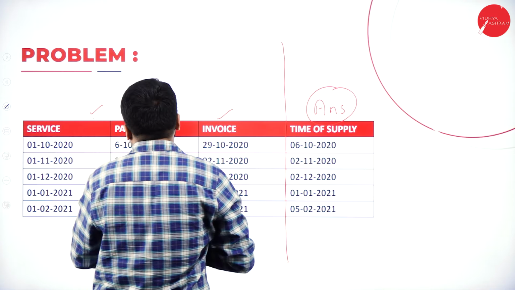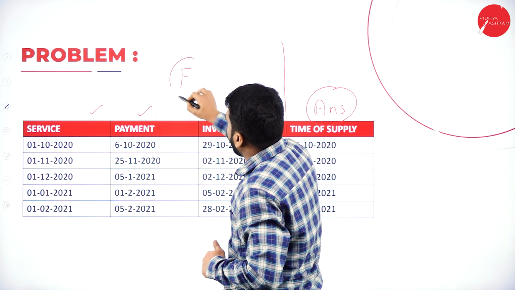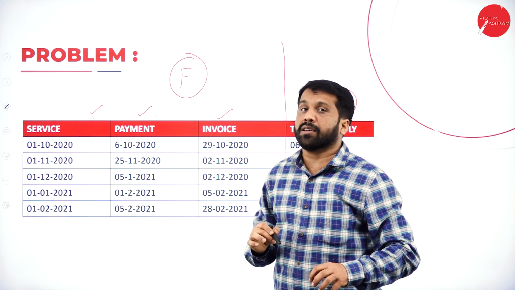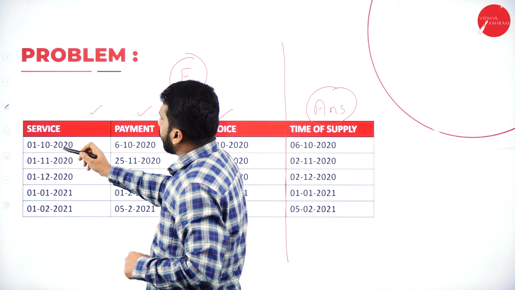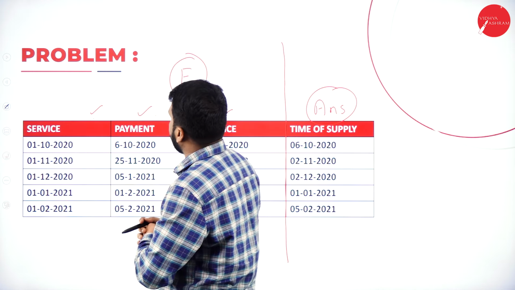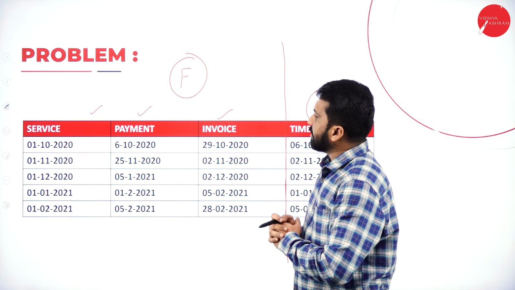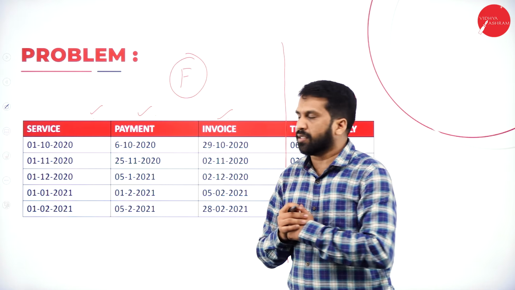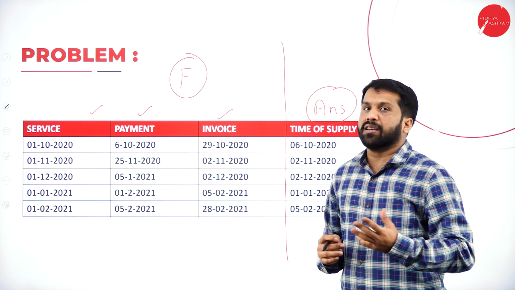Now, in this, when did your service happen? We are working on forward charge. On 1st October 2020, your service happened and payment was given on 6th October. The invoice was made on 29th October.